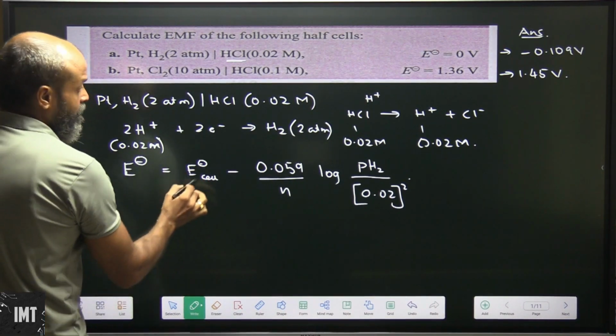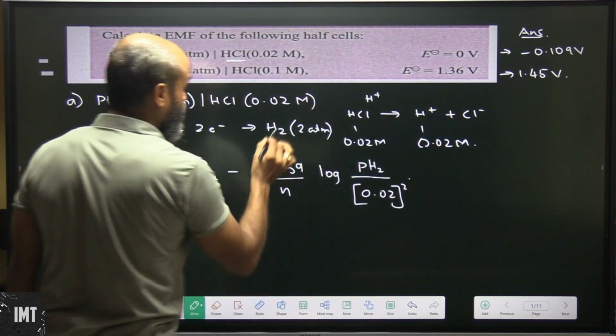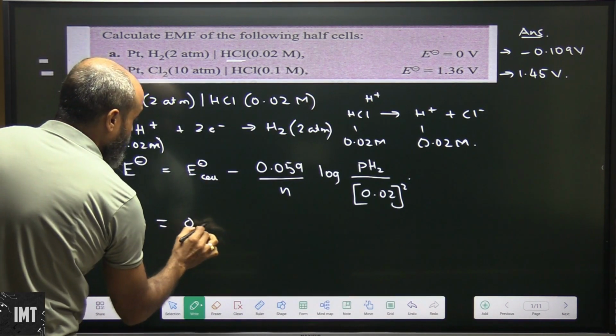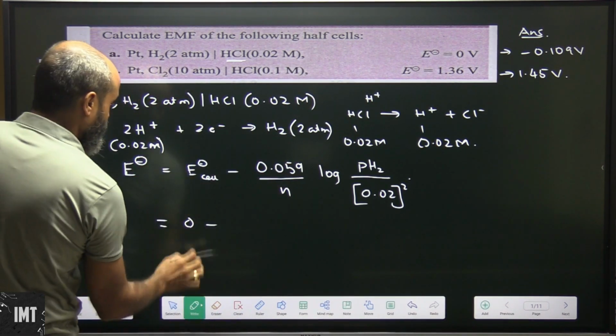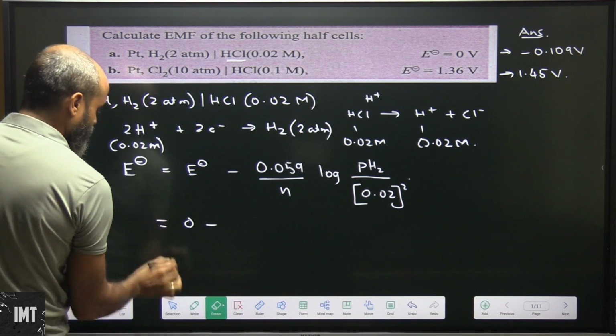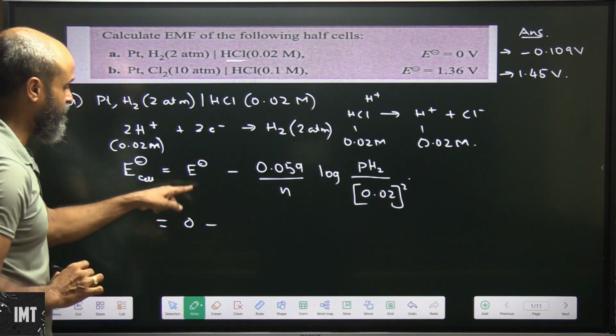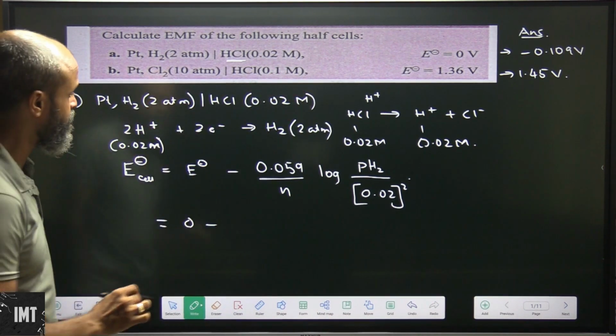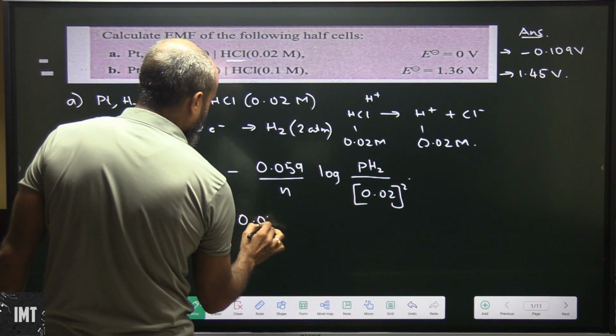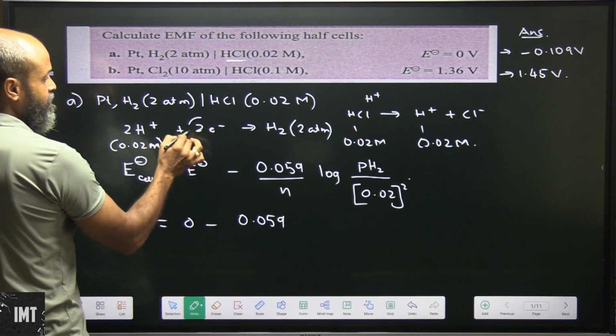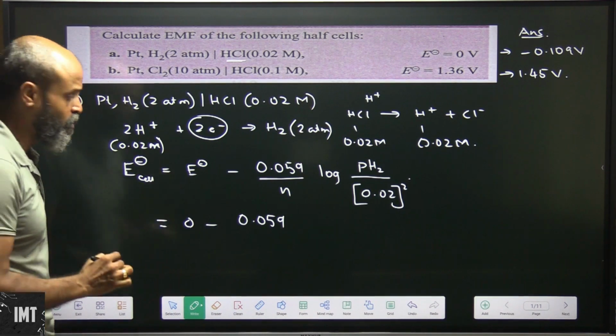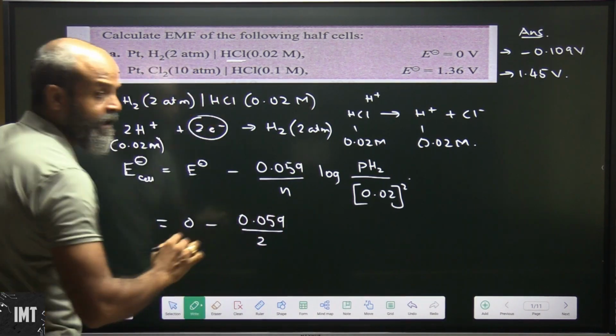Here we have been given that the standard reduction potential is 0. So EMF of the cell will be standard reduction potential, already given as 0, minus 0.059 upon n. In order to balance this equation, how many electrons are required? 2. So that becomes the n factor.